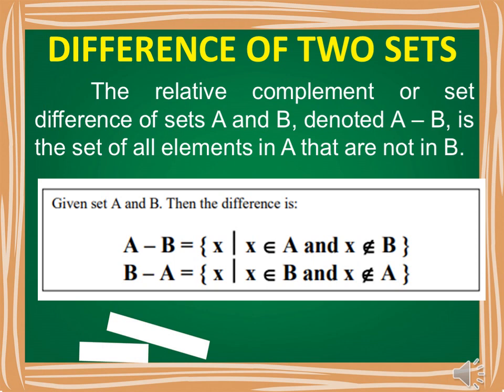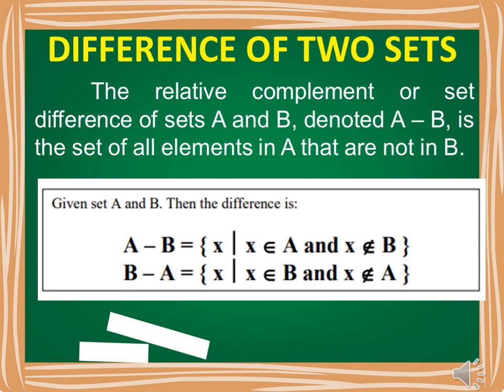So here we have an example given sets A and B. If we take the difference between A and B, that's equal to an element X, such that X is an element of A and X is not an element of B. However, when we take the difference between B and A, this time it's reversed.